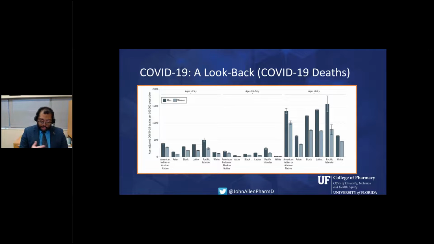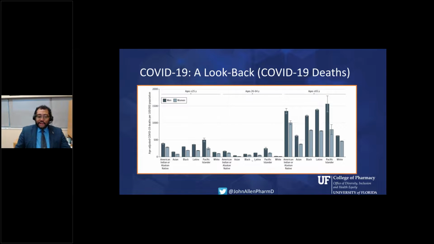So again, using COVID-19 as our backdrop, this is looking at the outcome of COVID-19 related death. You see that across different age groups. What you're looking at here is age greater than 25 as a whole, and then that broken out into age 26 through 64, and then age greater than 65.